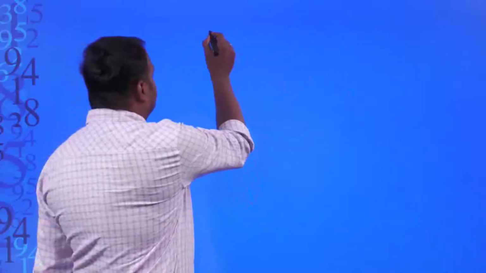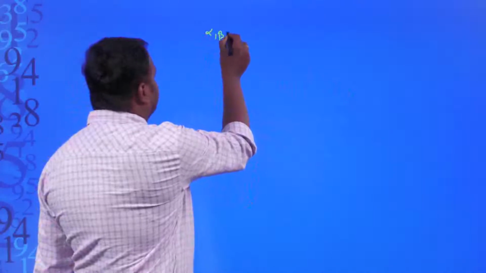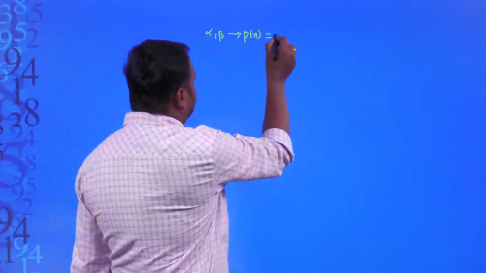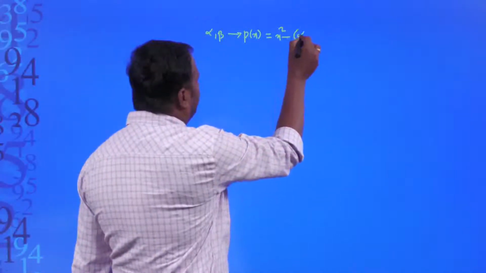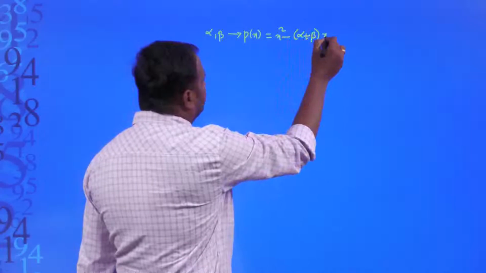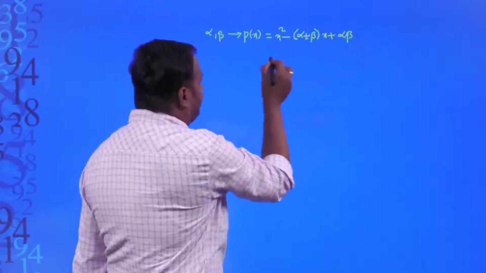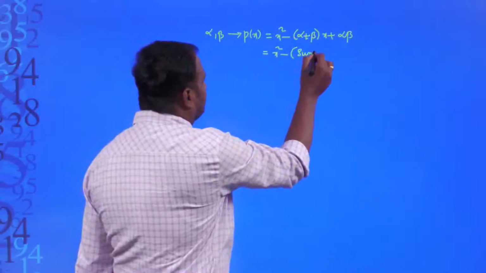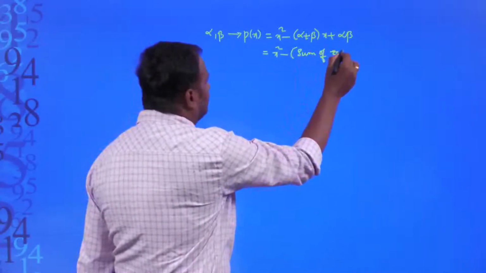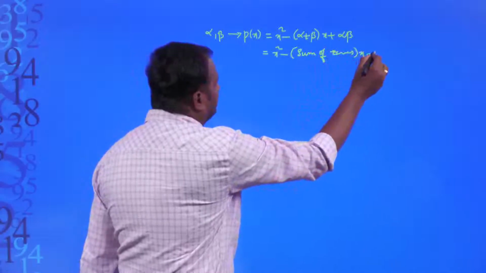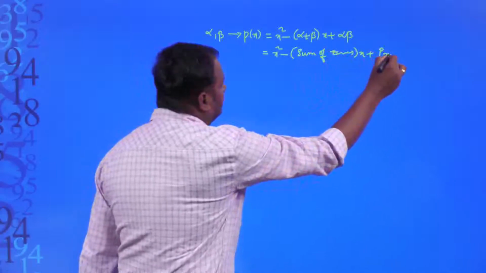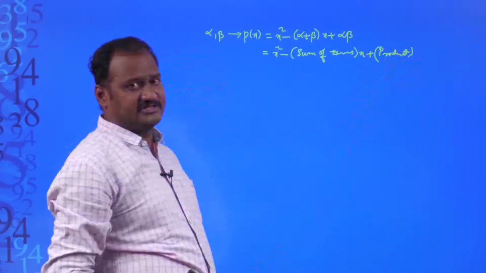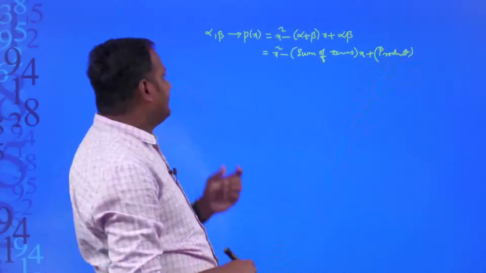When the two zeros are alpha and beta, the second degree polynomial is going to be p of x is equal to x square minus (alpha plus beta) into x plus alpha beta, and you can write it as x square minus (alpha plus beta, which is the sum of zeros) into x plus alpha into beta, which is the product of zeros, right.